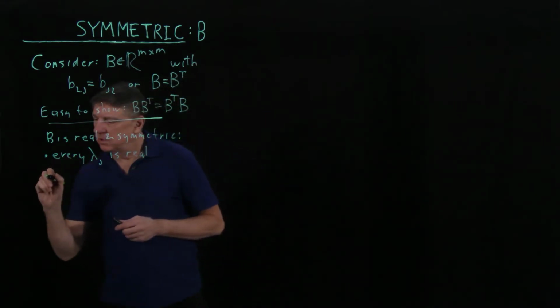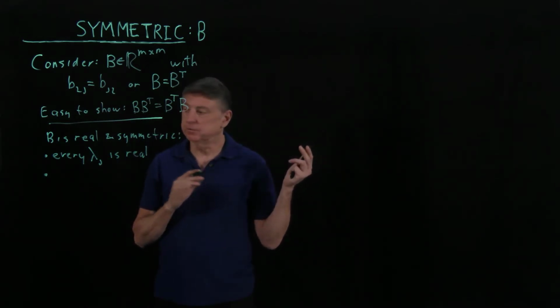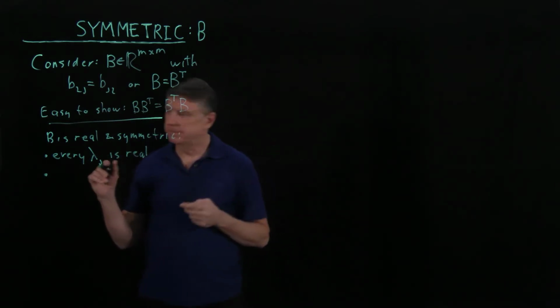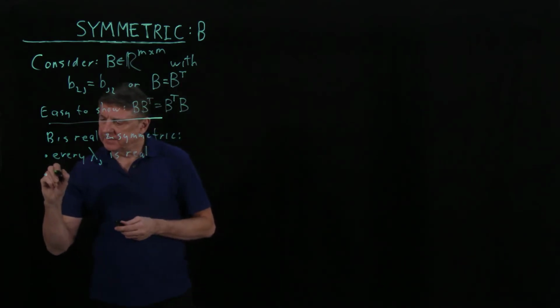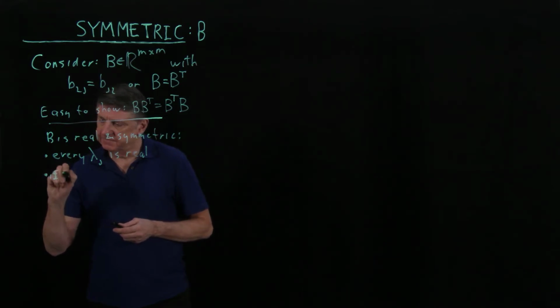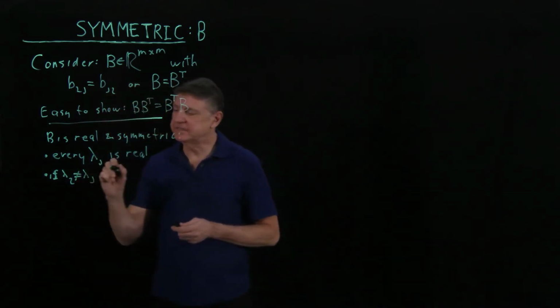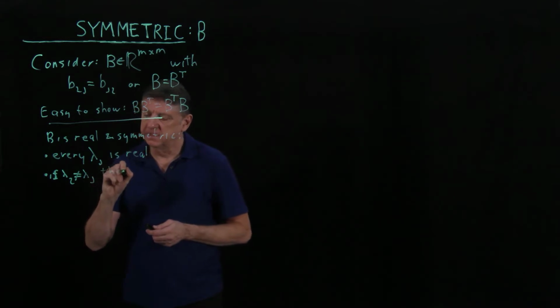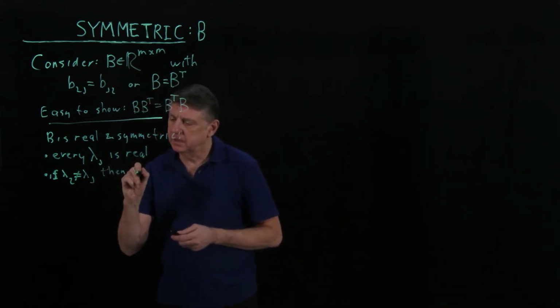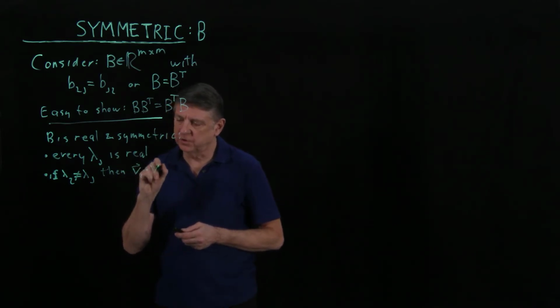And a generalization of the property that we observed in a 2 by 2 example is that, if lambda i is not equal to lambda j, that is, if they're numerically distinct, then eigenvector i is orthogonal to eigenvector j.